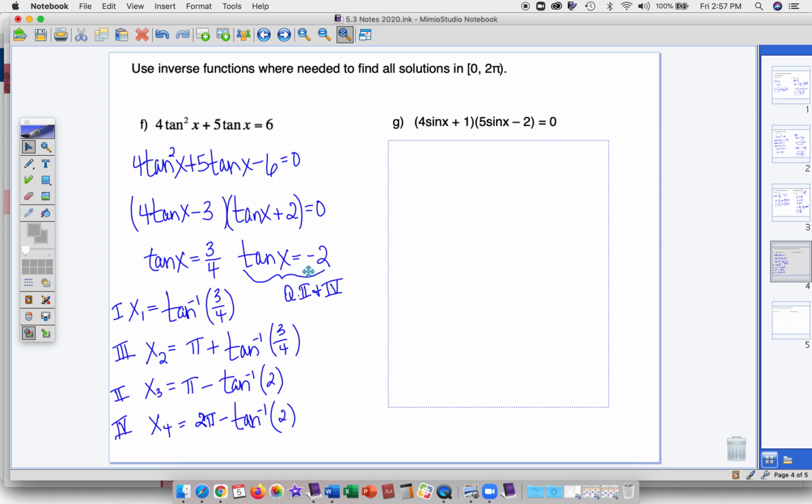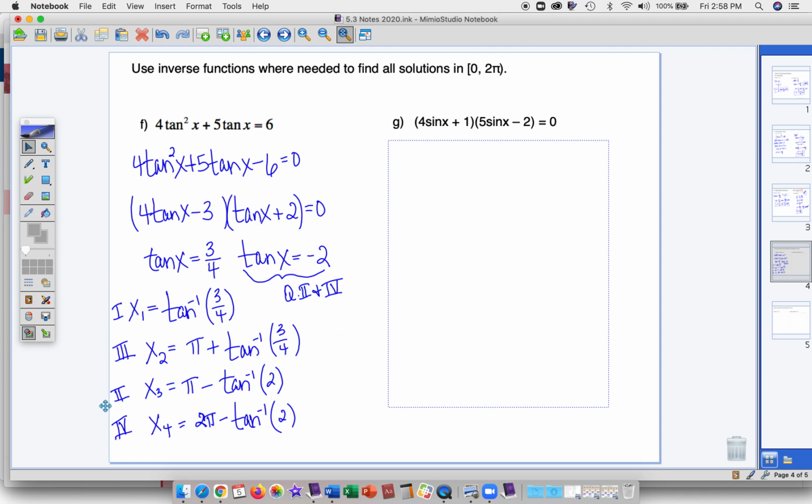When the tangent is negative, if I take the tangent inverse of a negative, and you can try this on your calculator, it's going to give you the negative reference angle. If I take the tangent inverse of positive 2, then you'll see that you get the positive reference angle. So here again, that's what I prefer to work with. So I'm going to have solutions this time in quadrants 2 and 4.